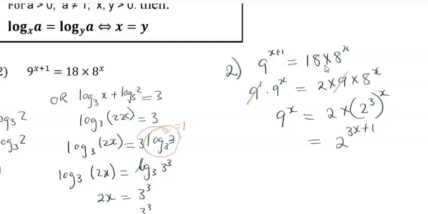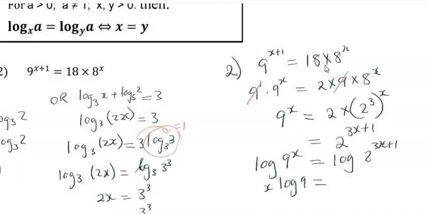If I now take logs both sides, then at this stage it's just exponents. I get log of 9 to the x is equal to log of 2 to the 3x plus 1. It doesn't matter what base we use. The left hand side becomes x log 9.